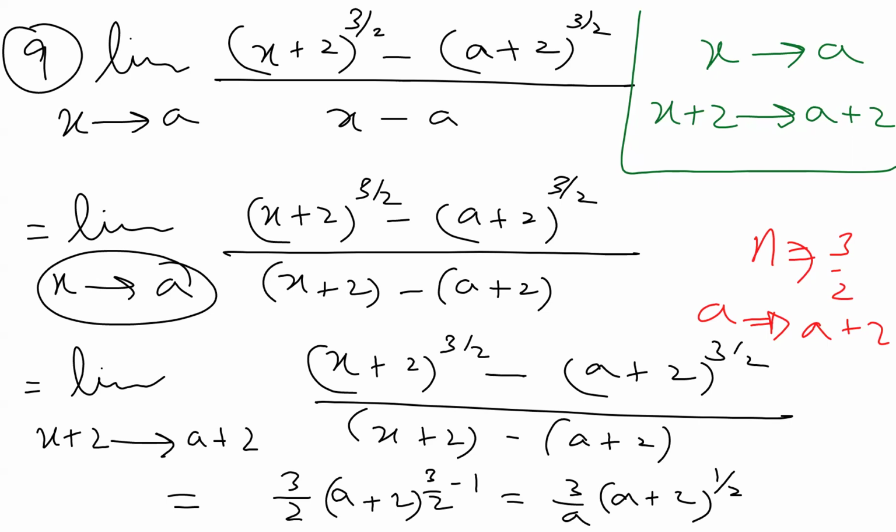Siddhant, your understanding? Yes, I understood. Sir, you wrote 3 upon a. It should be 3 upon 2 in the last step, in the answer which you wrote. Yeah, that is my mistake. Sorry. Clear?